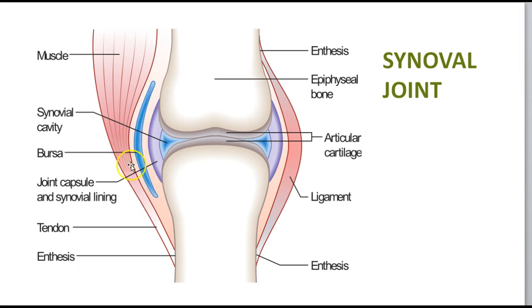It's a sac filled with fluid, and when we get an injury, whether it be to the articular cartilage or the tendon or the ligament, the bursa will swell and provide a cushioning around the joint to protect the joint from becoming further inflamed and damaged. So bursas do a huge job.